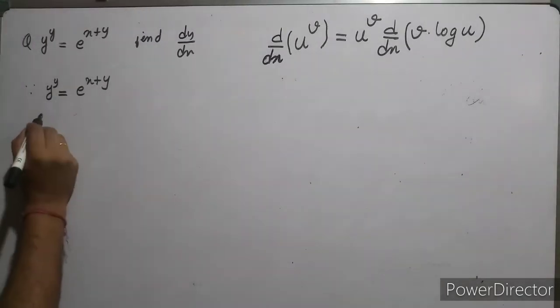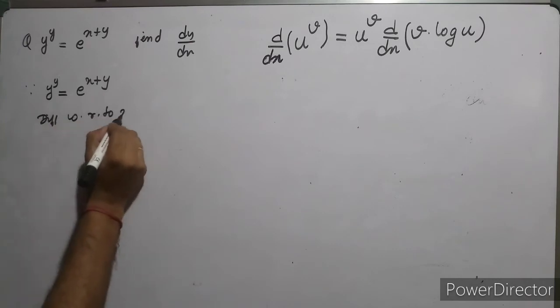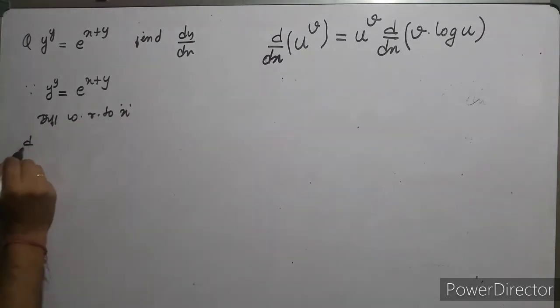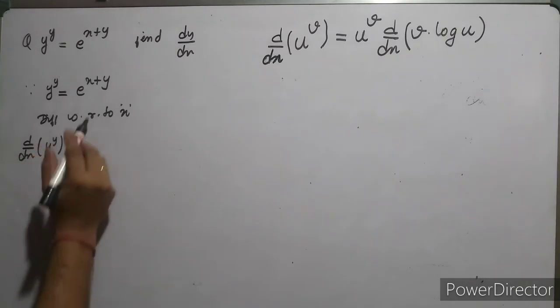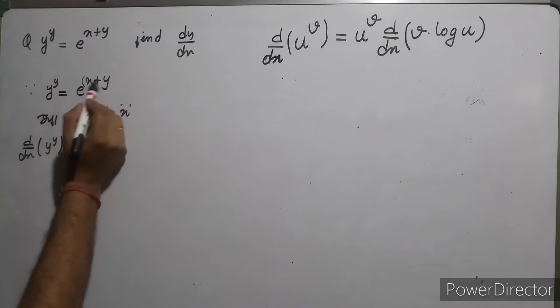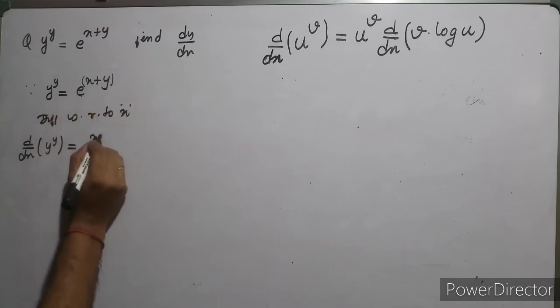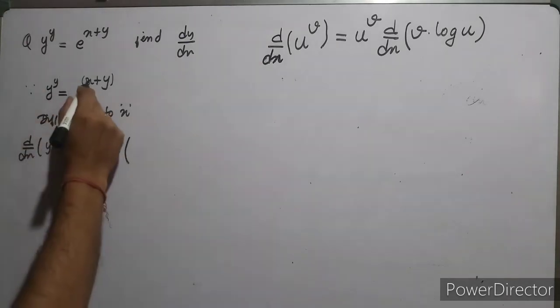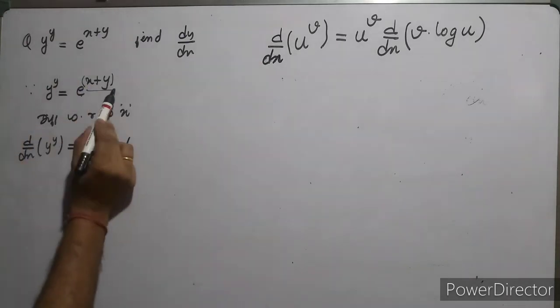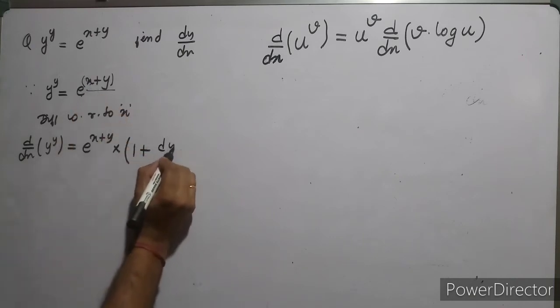Now differentiating with respect to x, dy dx of y to the power y is equal to, now the derivative of e to the power x plus y: first you have to differentiate the exponential. Derivative is e to the power x plus y into, now the function. Now I'll differentiate this quantity. Derivative of x is 1 plus derivative of y is dy by dx.